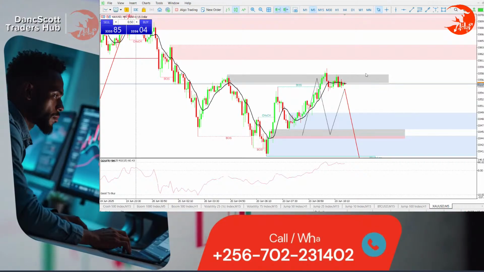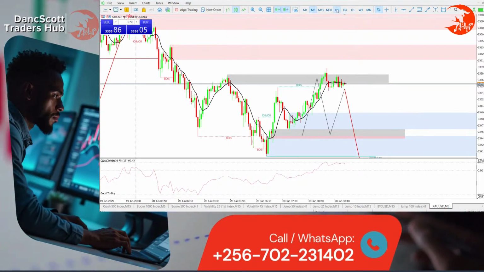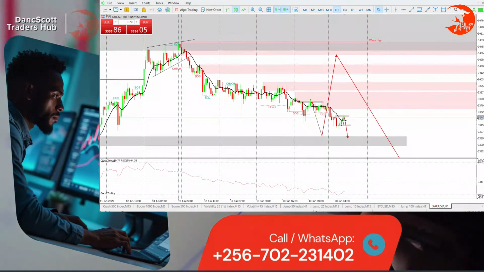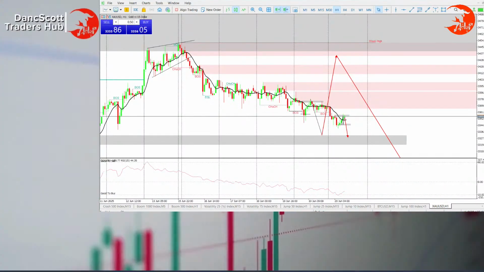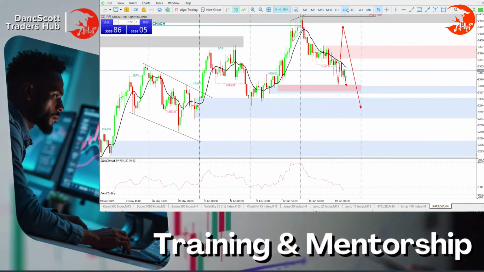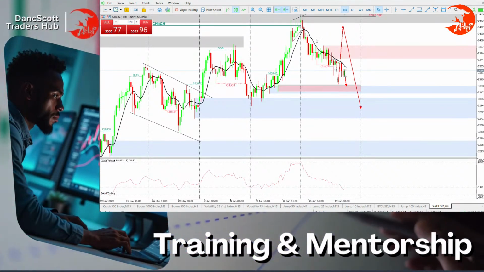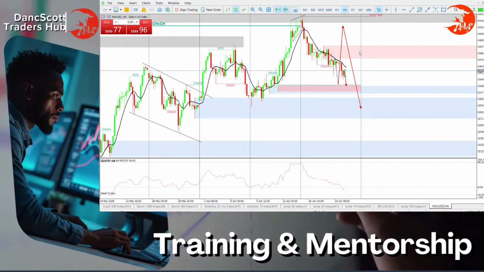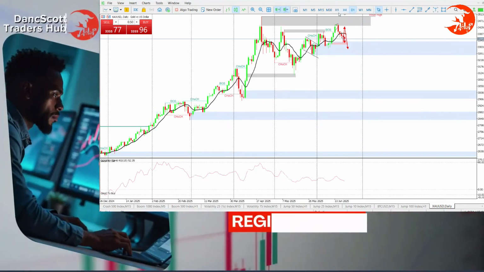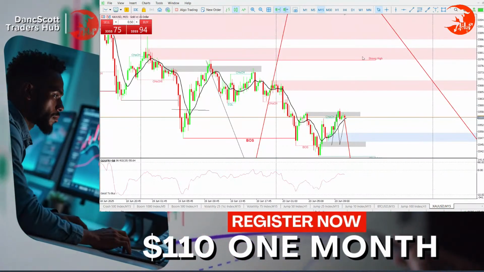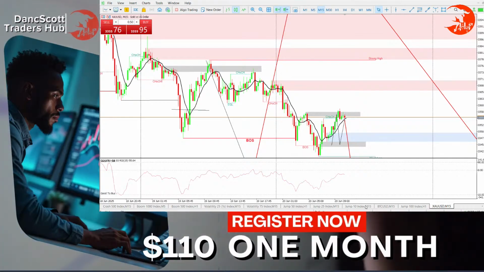The overall sentiment of gold, we need sells. So sells must come in to push us all the way here, and then we can think of a pullback, probably on H4, to look for some liquidity that was left behind before we continue with sells on the daily time frame. So you need to understand that the overall sentiment of gold, we are looking at sells.